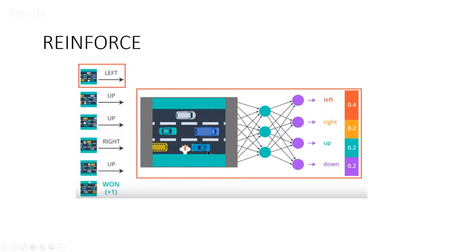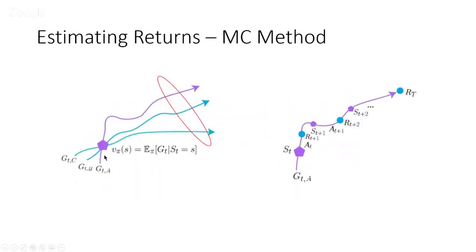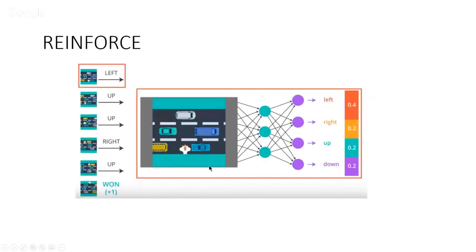I told you that there is very high variance in REINFORCE because REINFORCE goes all the way until the end. We have discussed this previously. Since it goes until the end, it's following the MC method, the Monte Carlo method. The REINFORCE algorithm is following the Monte Carlo method.